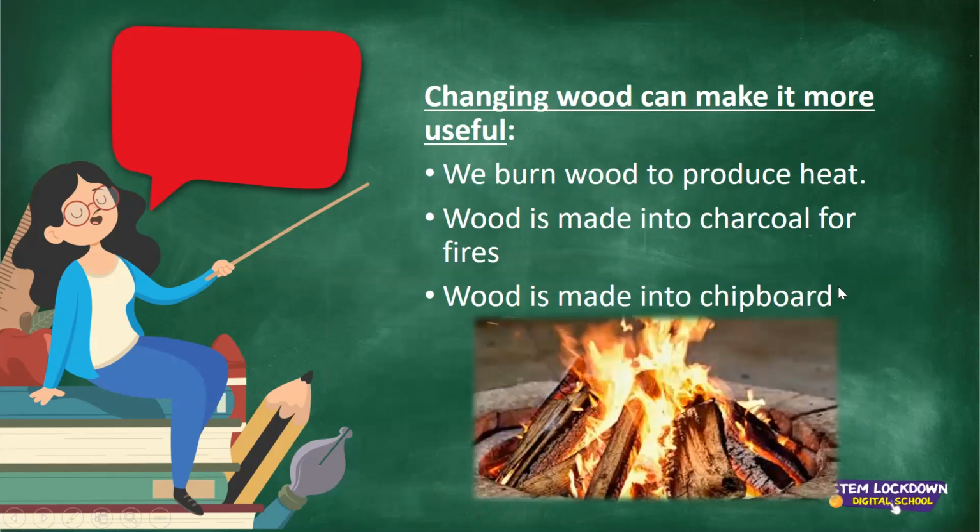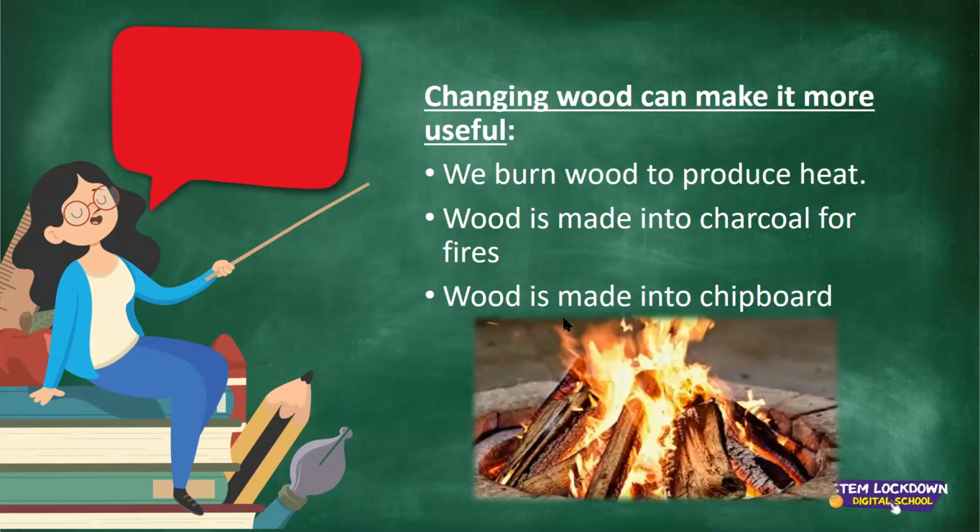We can also use wood for chipboards, as well as the tables that we use in our schools. So wood produces a lot of things. We must take care of our trees so that we can get more wood from them, and they help us with our manufactured materials.